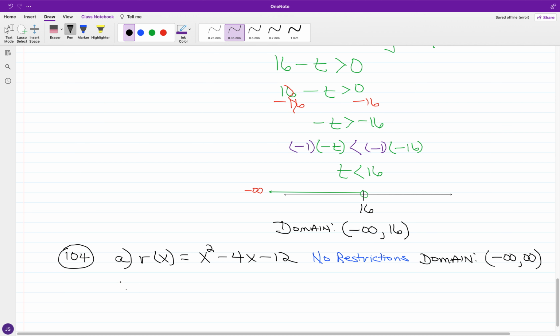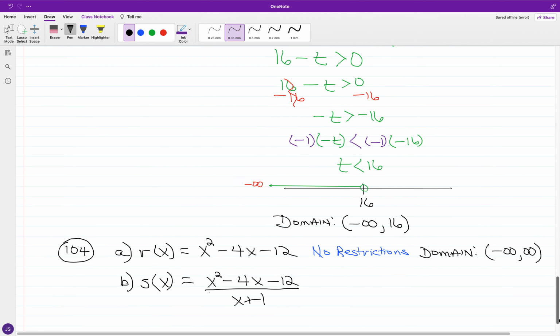And for part B, now we have the function s of x, which takes this same quadratic expression and divides by x plus 1. So for s of x, we have x squared minus 4x minus 12 all over x plus 1.